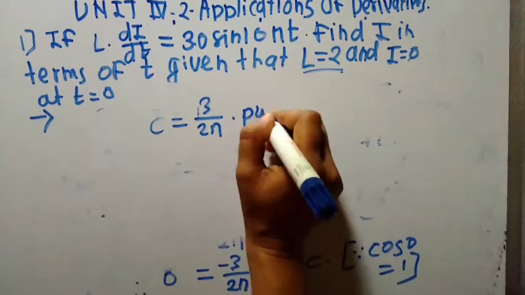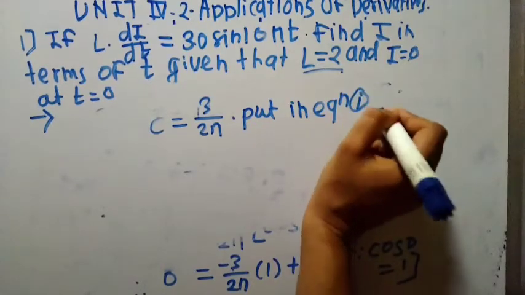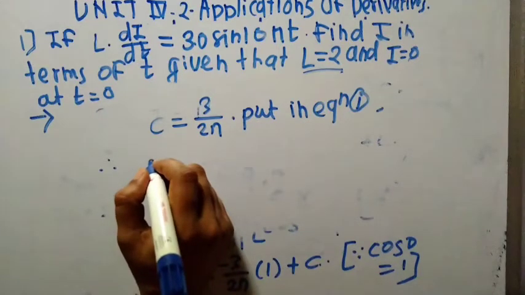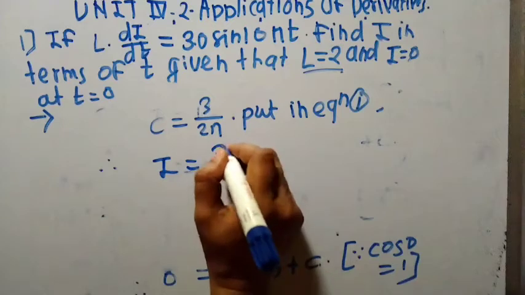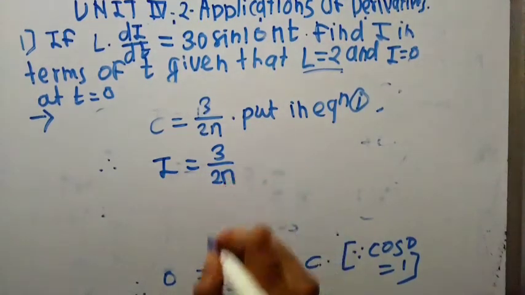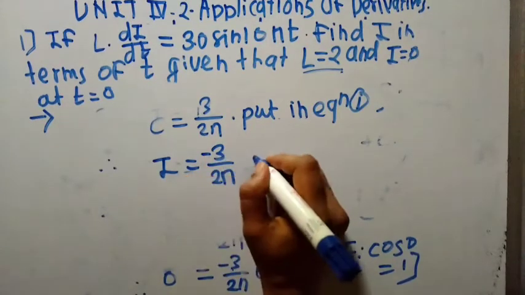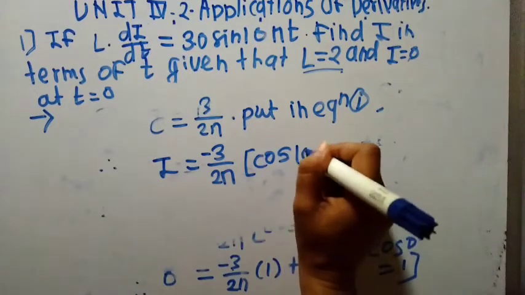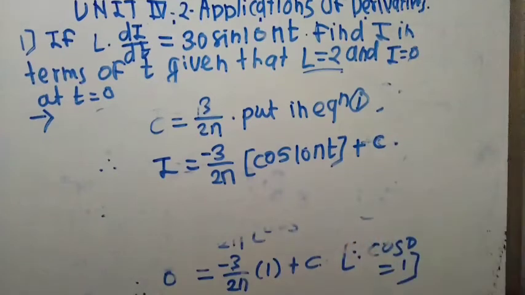Put this in equation 1. Equation 1 is I is equal to 3 by 2 pi minus 3 by 2 pi cos 10 pi t.